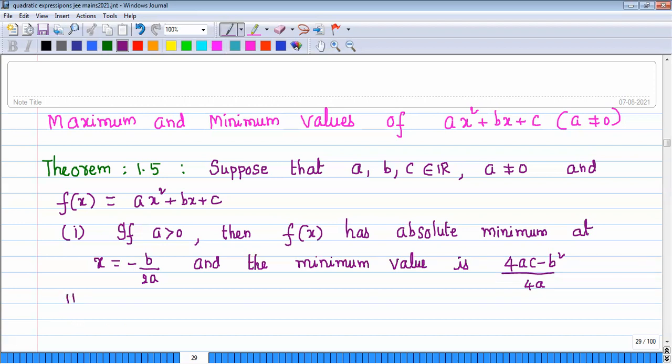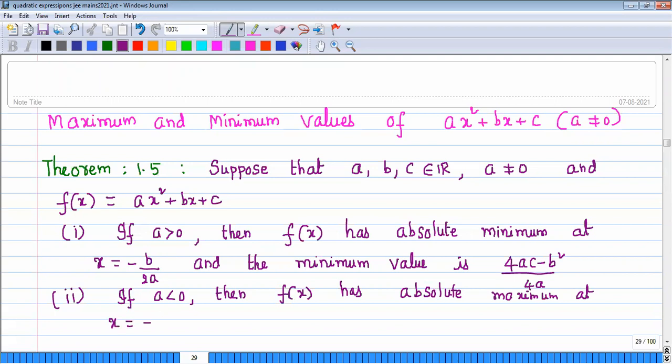But when do you say that it is a maximum? If a less than 0, for example, the coefficient of x square is negative, then f of x has an absolute maximum. It attains the maximum value at the same x is equal to minus b by 2a.